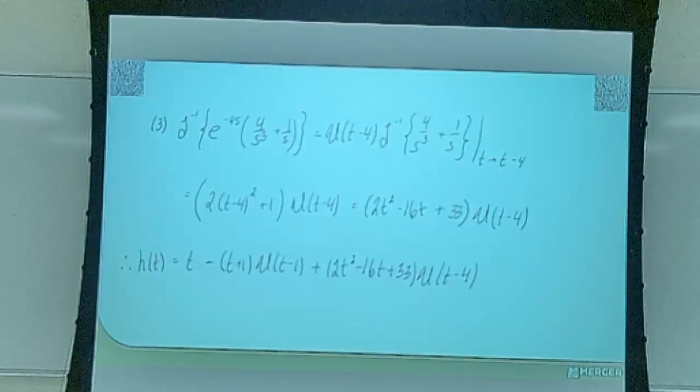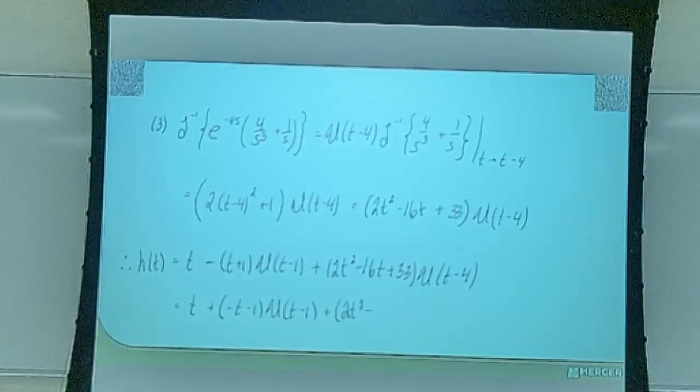I'm going to rewrite this, because now we're going to write this as the piecewise function.